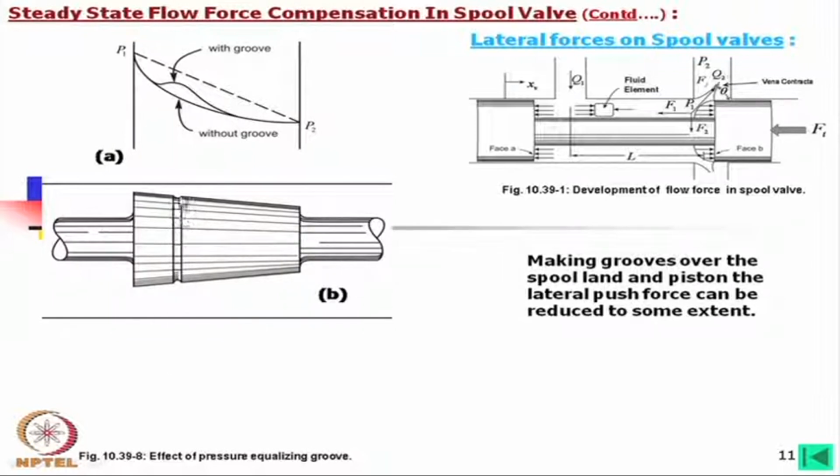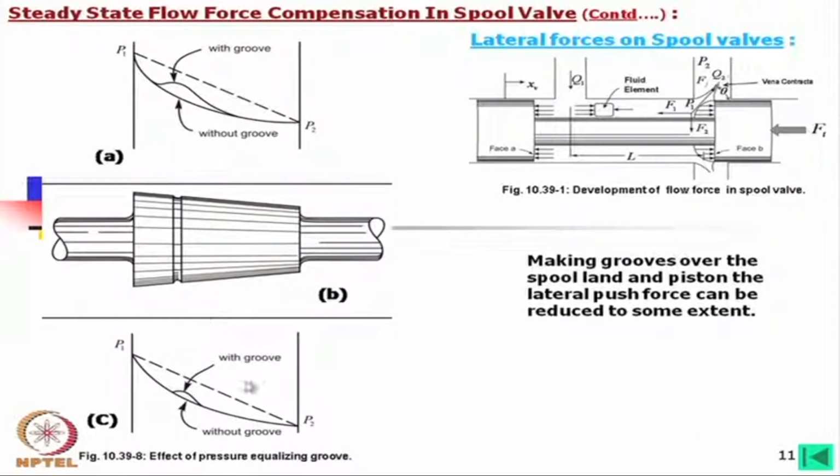So, throughout this groove the pressure will be the same, and due to that this pressure curve will be like this. Without the groove this is the pressure distribution curve, and with the groove this is the pressure distribution curve. If we look into the other side of this spool, this side also has a difference in the pressure distributions.